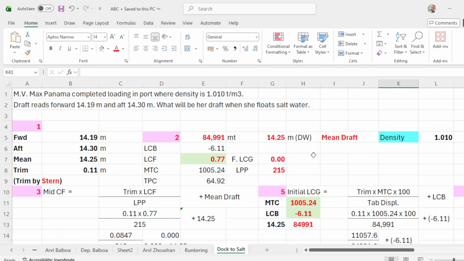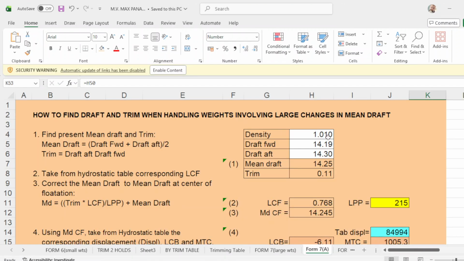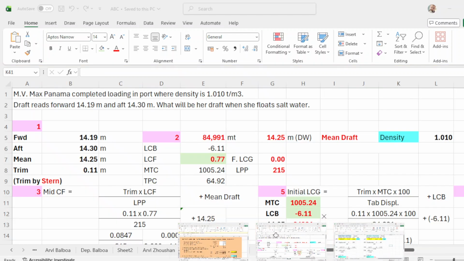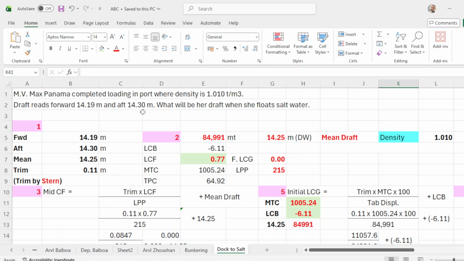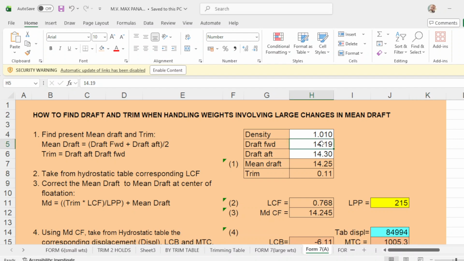Okay, so this is the solution, guys. First, I want to use the program to give you an idea. The local density was 1.010, and the forward draft is 14.19, and aft draft is 14.30.